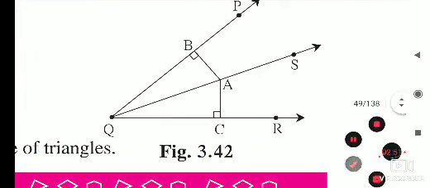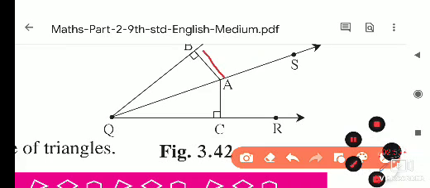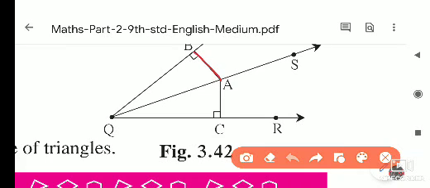One triangle is ABQ, and another triangle is QAC.